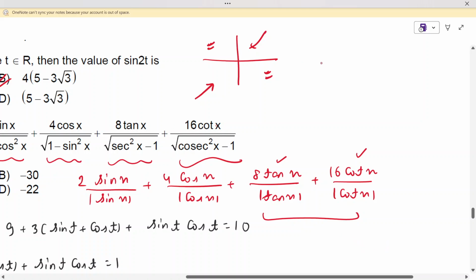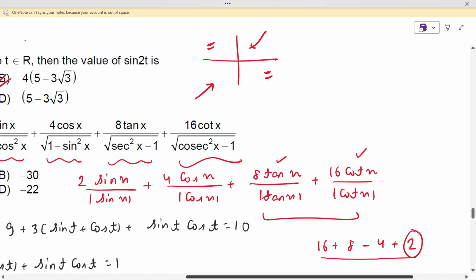If I choose, let's say, the second, what will happen? 8, 16 plus 8, and cos is negative, minus 4 plus 2. This will happen, right? In the second quadrant. Sine is positive in second, that's how it is written, plus 2.